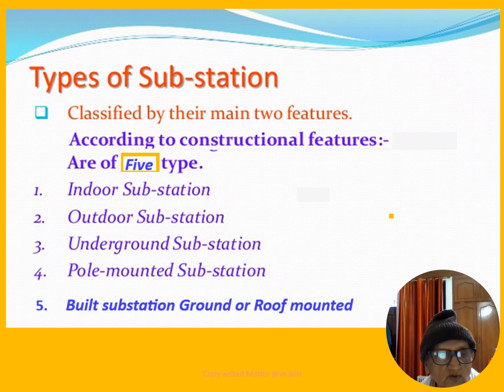One is indoor, second is outdoor, and a substation can be indoor and outdoor both. The substation can be an underground substation. The substation can be a pole mounted substation. The substations can be built-in substations, ground or roof mounted.